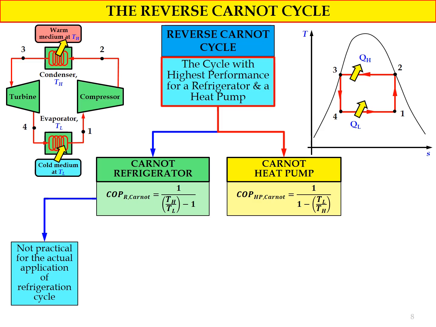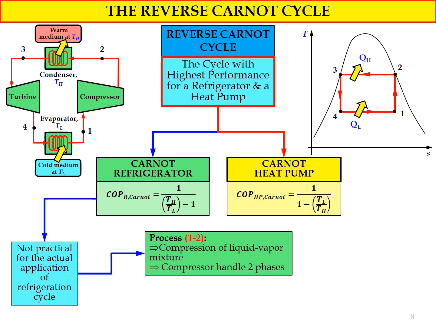However, the reverse Carnot cycle is actually not practical for the actual application of the refrigeration cycle, for a few reasons. The first problem involves the process from state number 1 to state number 2 if you refer to the TS diagram. This process is the isentropic compression process in the compressor.